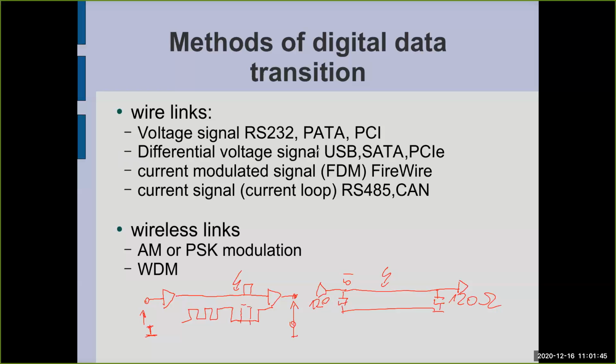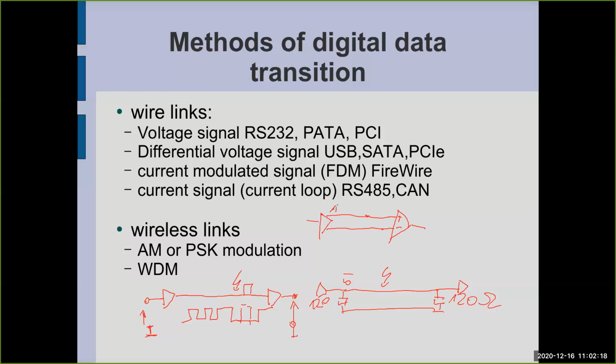The trade-off between voltage signaling and current signaling are the differential interfaces. How do they work? I have two lines, a transmitter and a receiver.